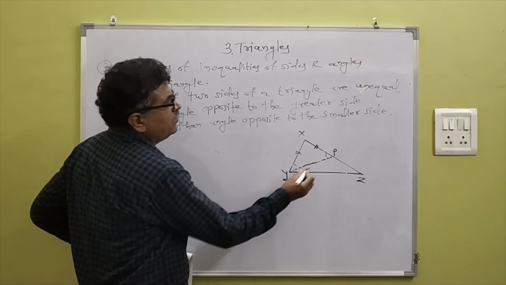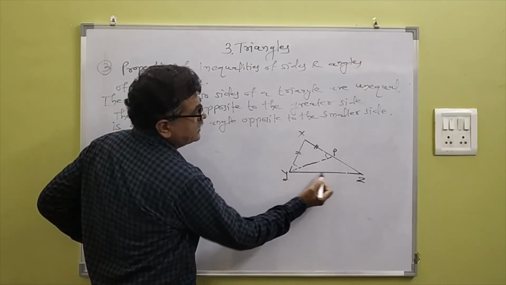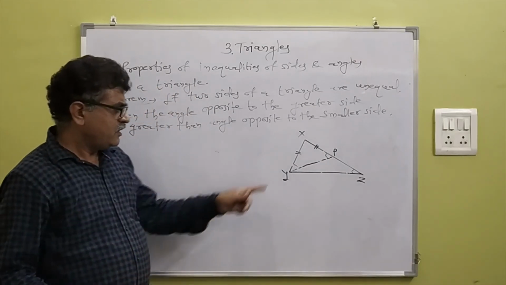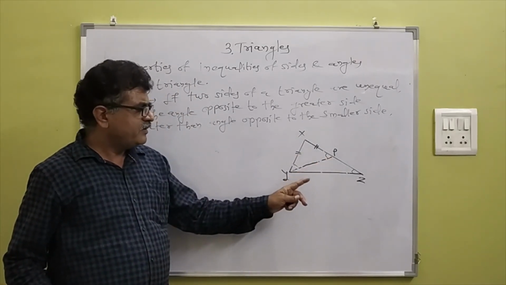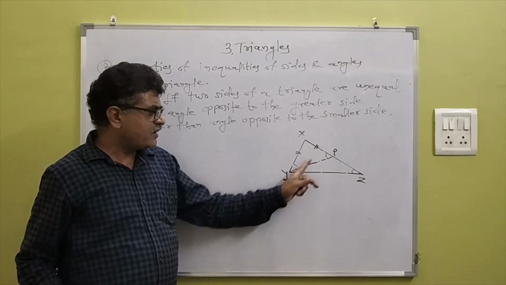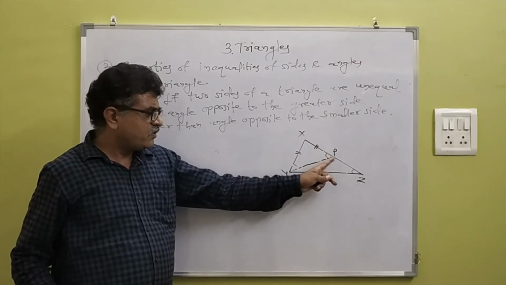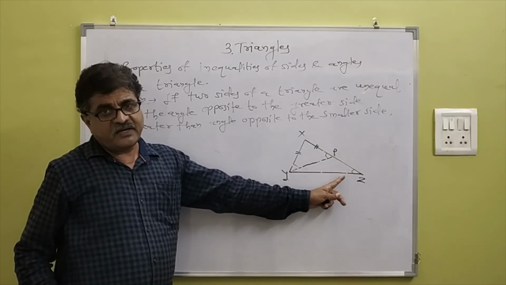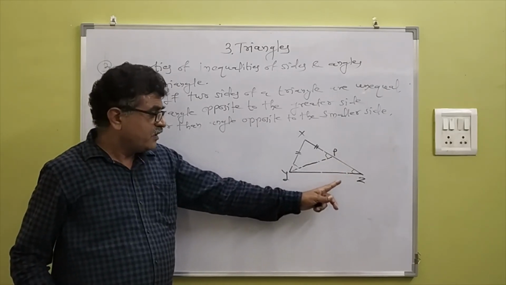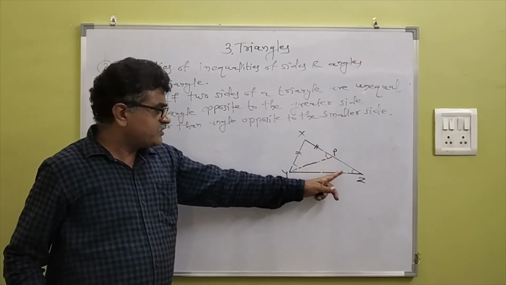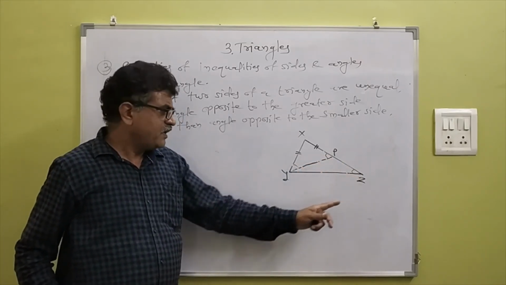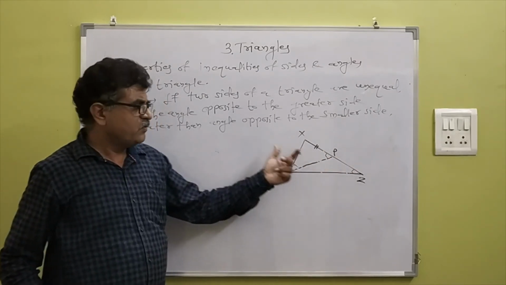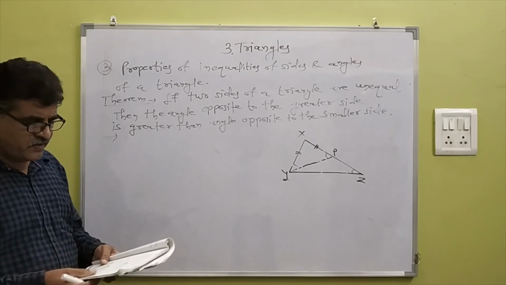Angle XPY is an exterior angle of triangle YPZ. By remote interior angle theorem, this angle is greater than this angle. Also, this angle is greater than this angle. By using this, we can prove our given.